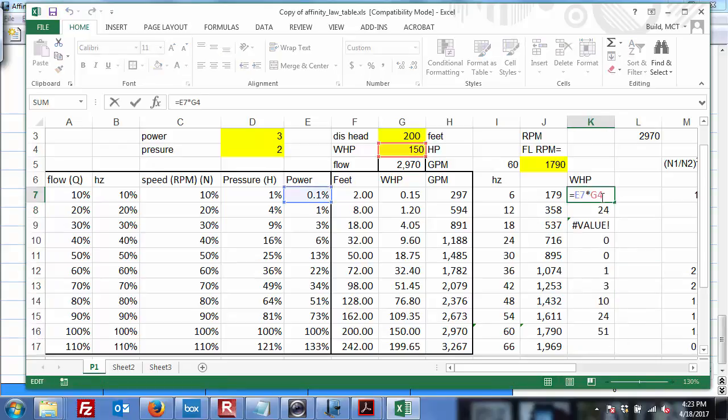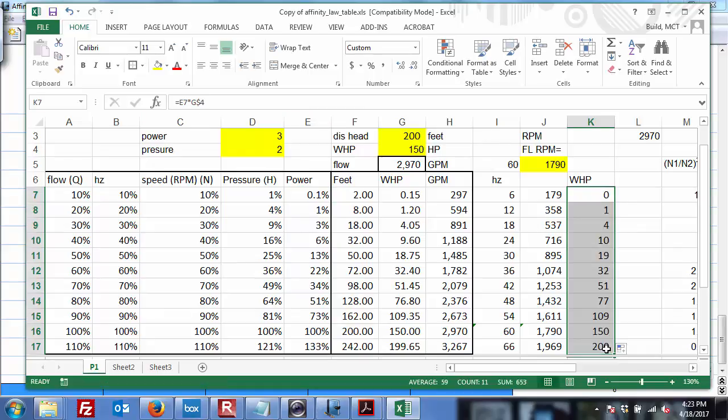Oops, what did I do wrong? I forgot to pin G4. Give that a couple more sig digs. Nice. Okay, so that's problem 1A.